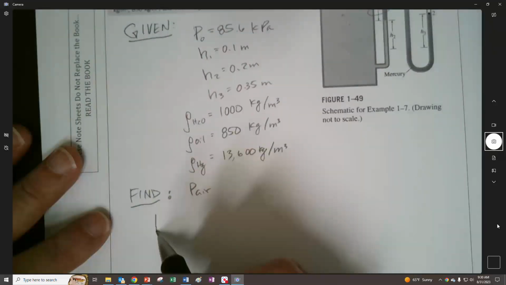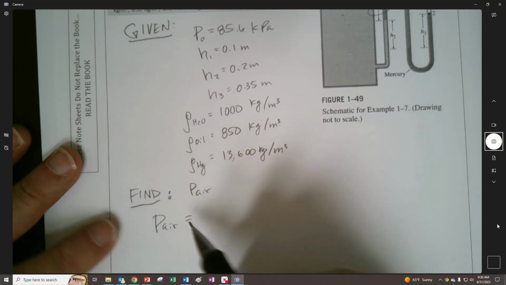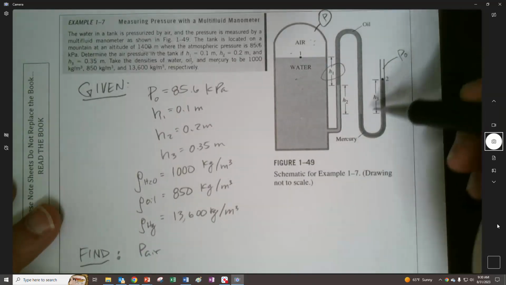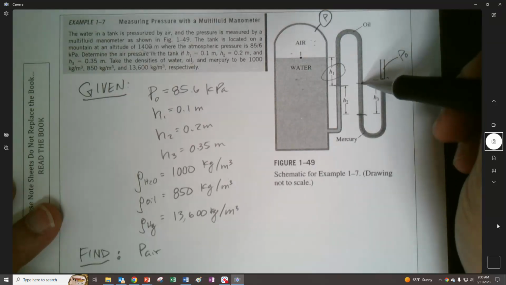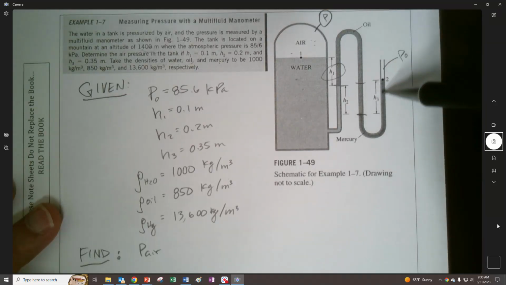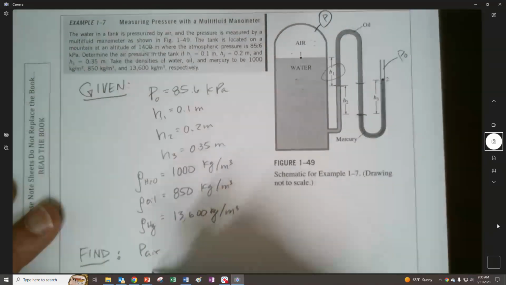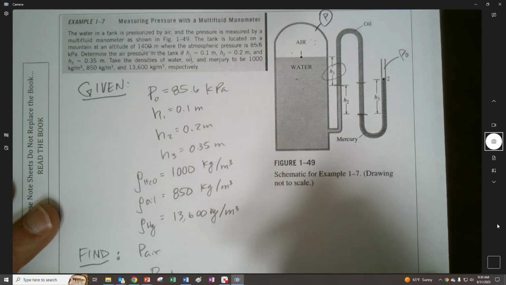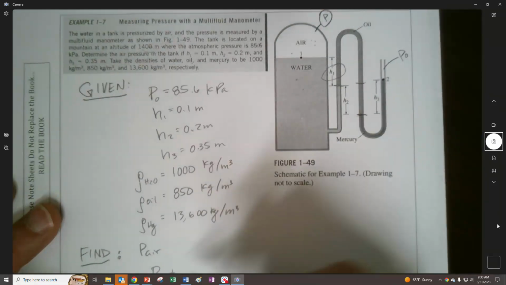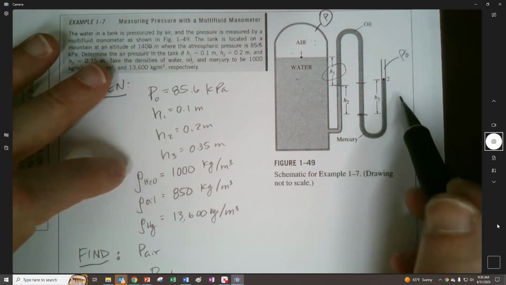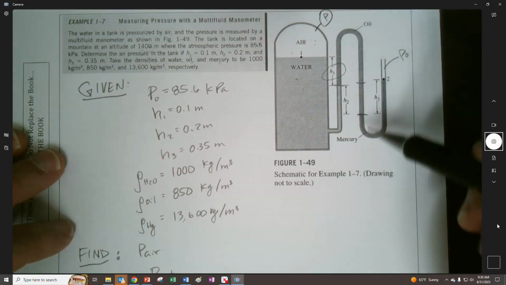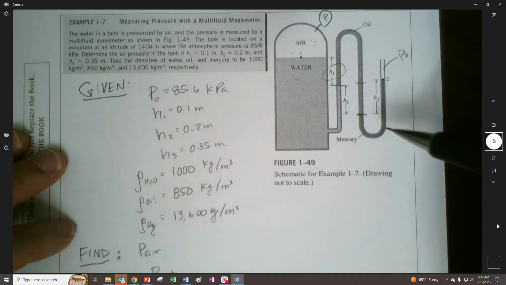So we're going to say that P air is going to be equal to, and we're going to swim down, until we get to this interface. So that's going to be the H3. So we're going to swim down, and that means we're going to go plus. And this H3 is the mercury. Which did they tell us which one? Yes, right there. There's mercury. So we're going to swim down.